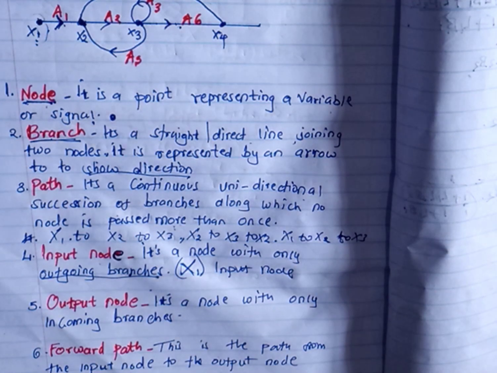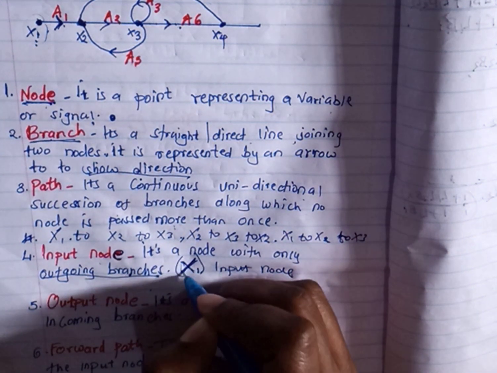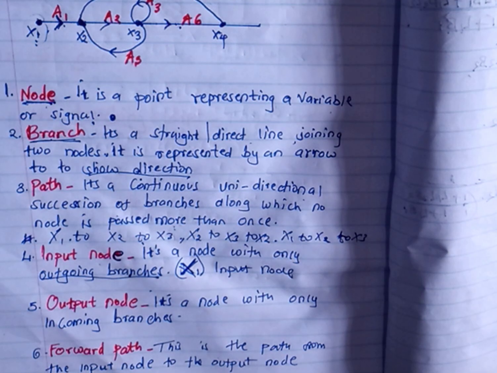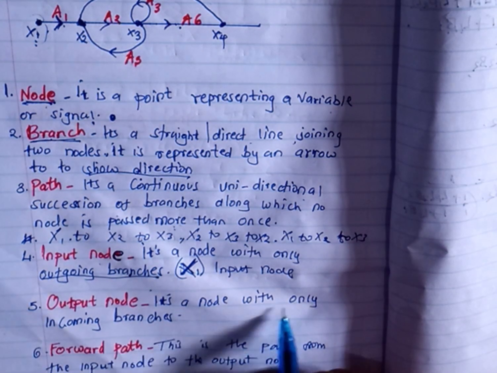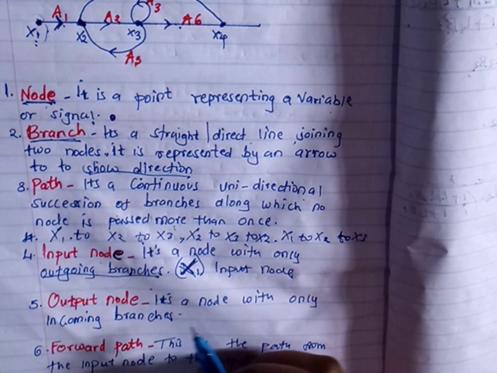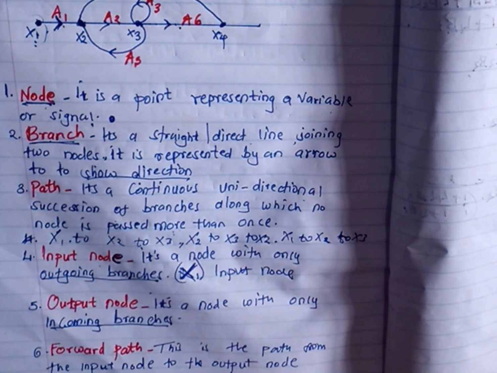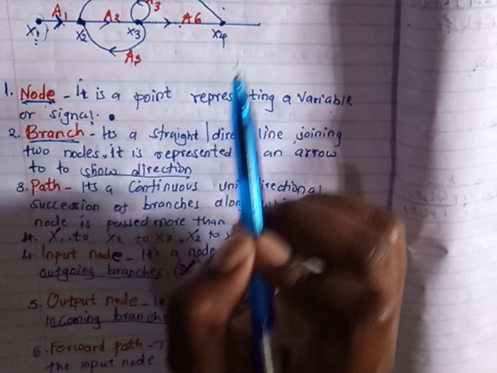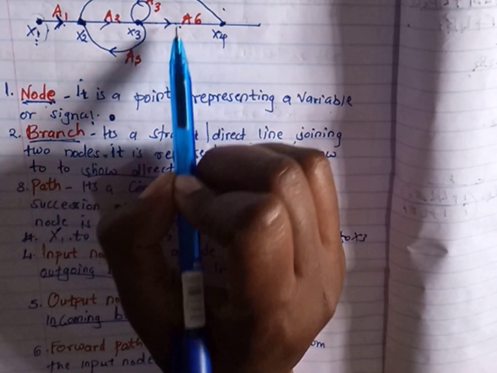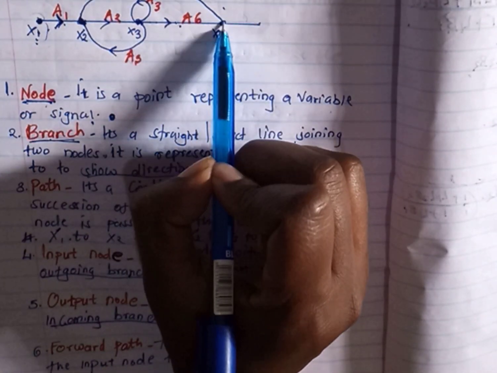Then we have the output node. The output node is a node with only incoming branches. You can see from my diagram that all the branches are coming towards x4.